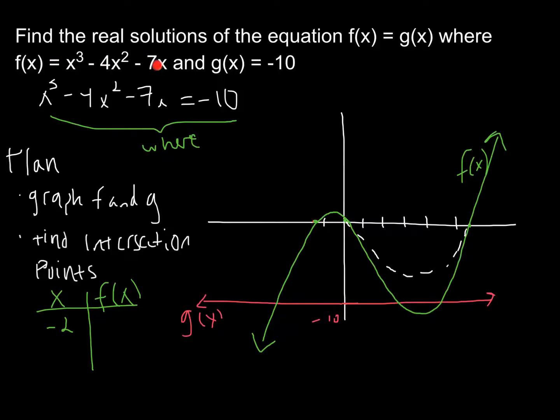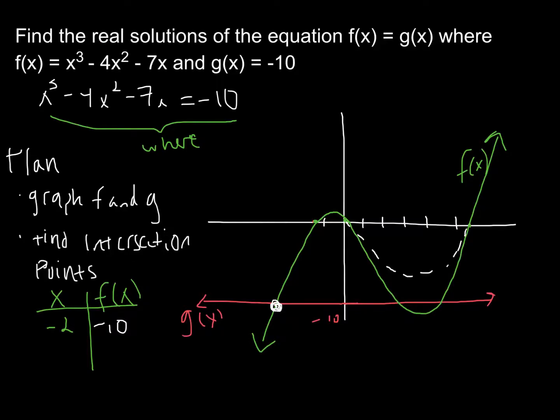And then 7 times -2 is -14, so the negative times negative will be positive, so I have -24 plus 14, and sure enough, that is -10. So that's exactly what I'm looking for, and so I have here a point of intersection.